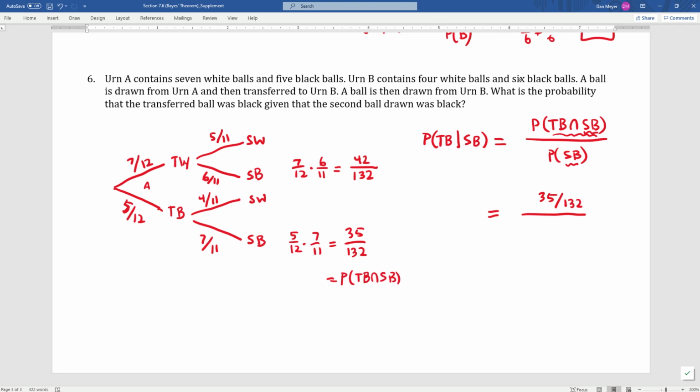The probability that the second ball was black, we've got two different ways that the second ball can be black, and so if we add them together, 42 over 132 plus 35 over 132, when you simplify this result, you should get 35 over 77.